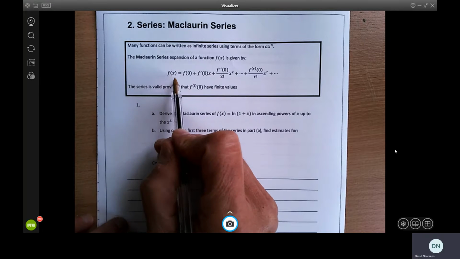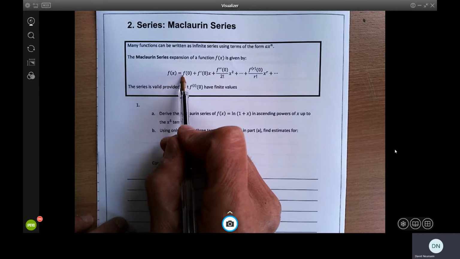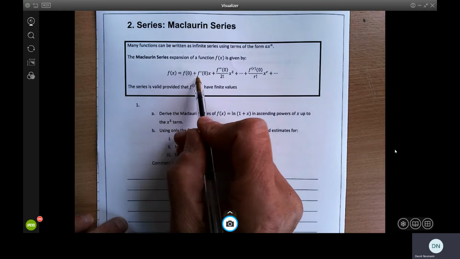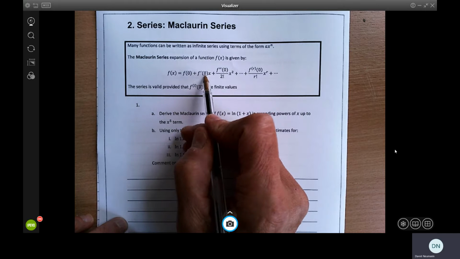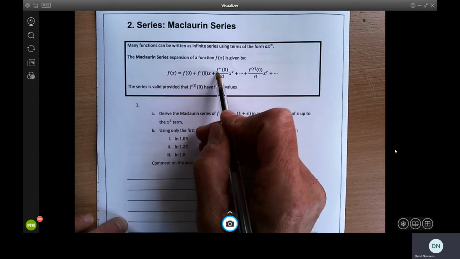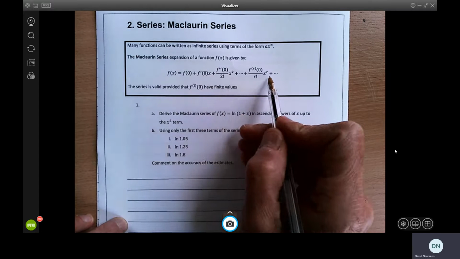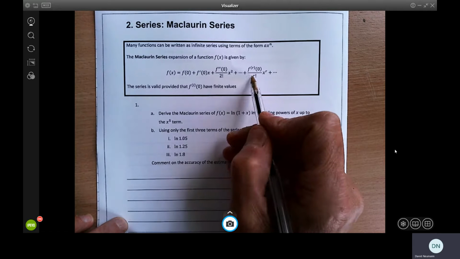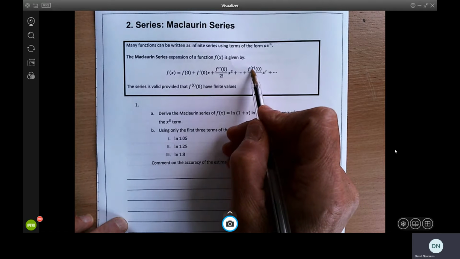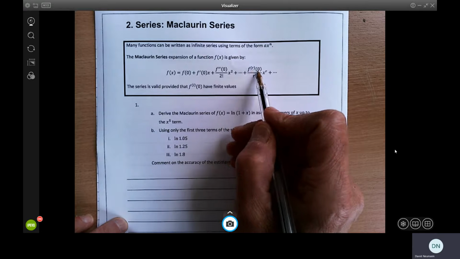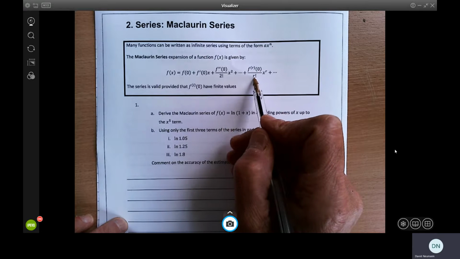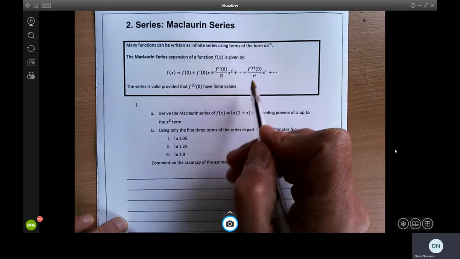So f of x is equal to the function at its value of 0, f of 0, plus x times the derivative at x equals 0, plus f double dashed of 0 over 2 factorial times x squared, and so on. Here's the general term, the rth derivative of f evaluated at 0 divided by r factorial times x to the power of r.